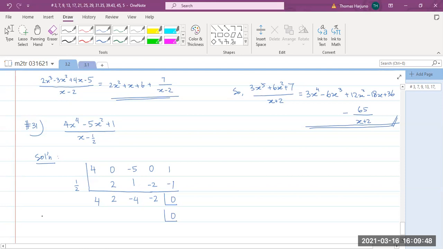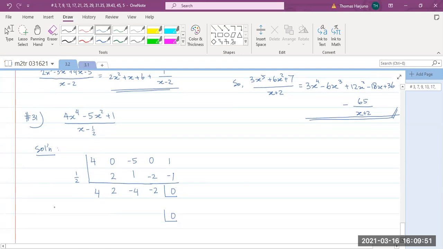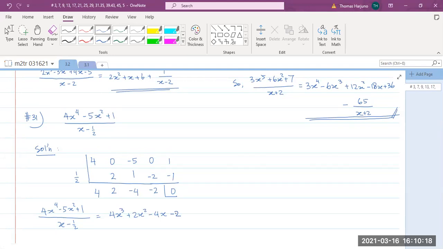Okay, so it means 4x to the 4th minus 5x squared plus 1 over x minus 1/2 is equal to 4x cubed plus 2x squared minus 4x minus 2. Notice that the remainder is 0. So remember that if the remainder is 0, then x minus c, in this case x minus 1/2, is a factor.